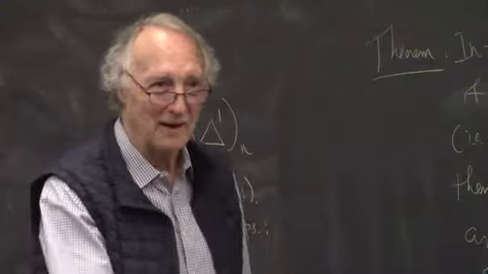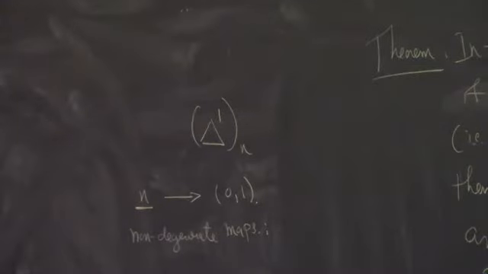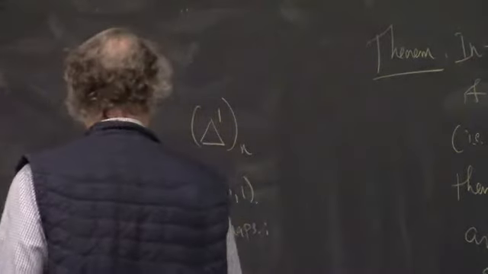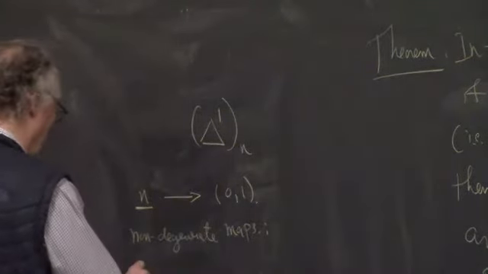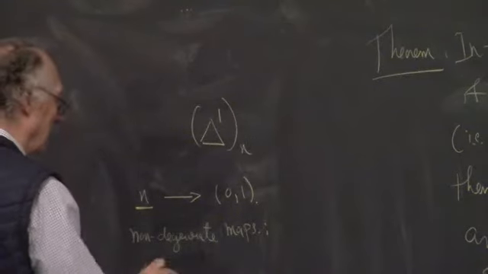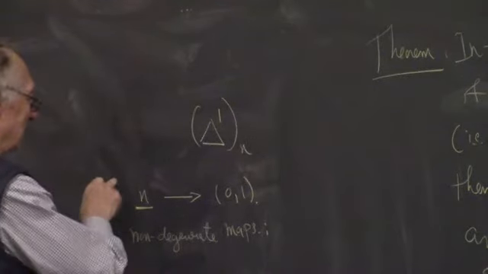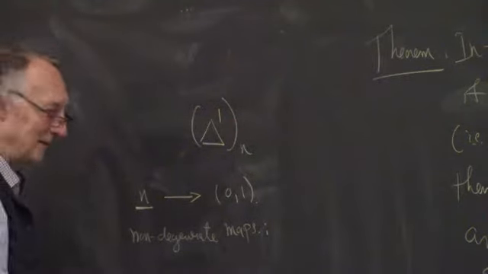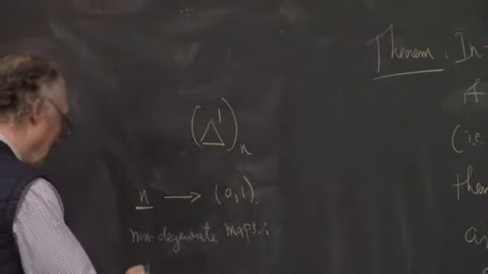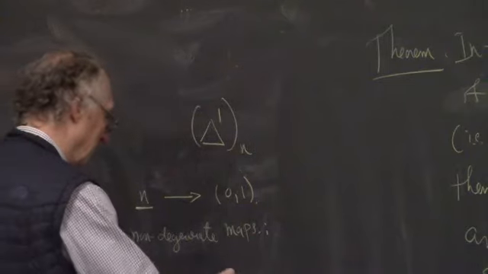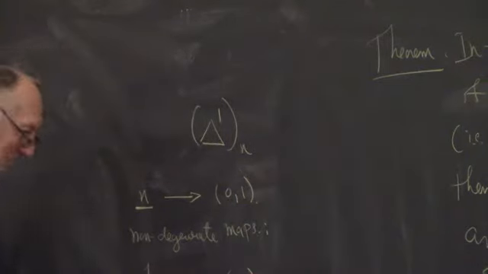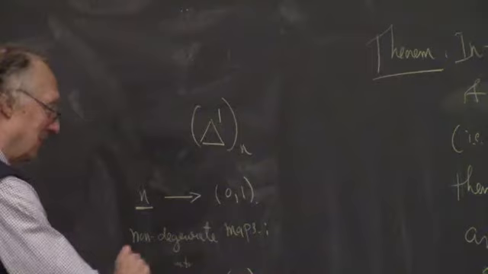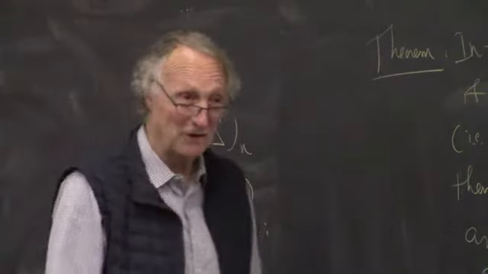Can anybody tell me a non-degenerate map? The identity on 1? Okay, I'm supposed to send 0 up to n to {0, 1}. So 1 underline to {0, 1}, onto the identity. That's a good one.